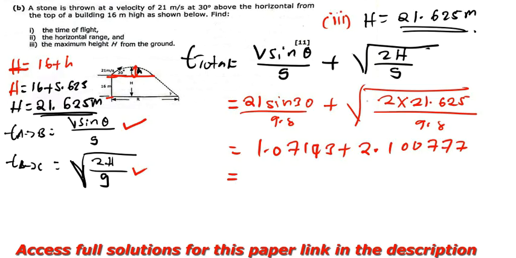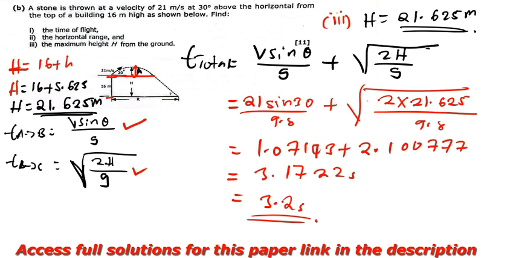So the answer I'm getting is 3.1722222 seconds, but time in most cases we just leave it in one decimal place. So you can just say 3.17 or 3.2 like that. That's the total time.